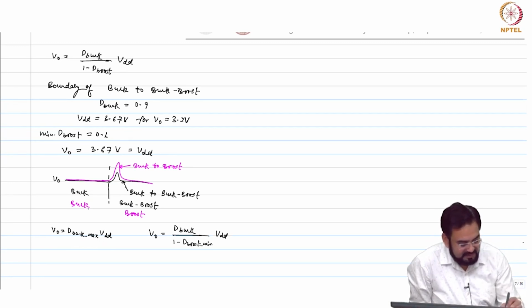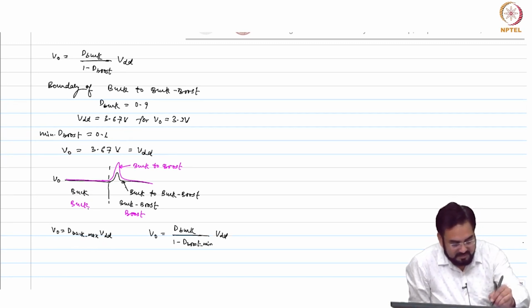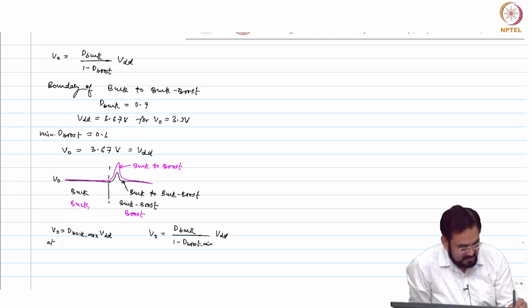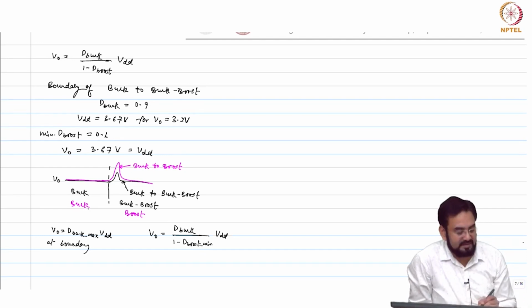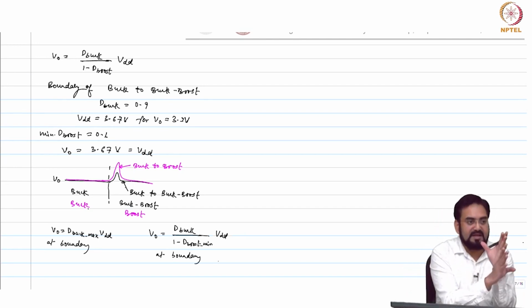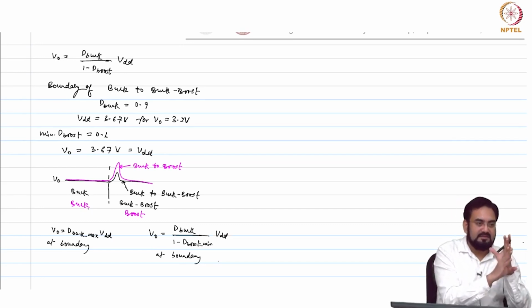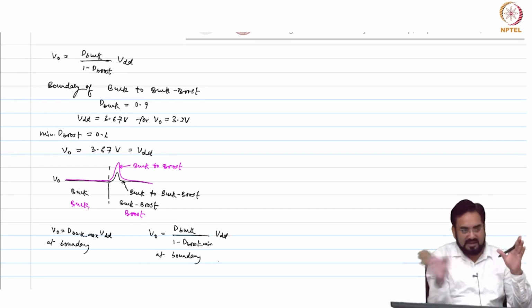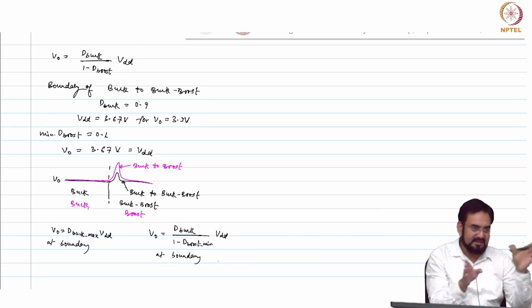Let me write this way. At boundary, okay, and this is at boundary. When I say boundary, you are looking at a very thin line where you are looking at a left hand side and right hand side, okay.